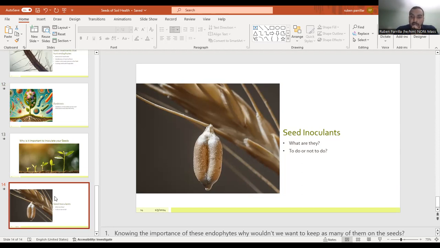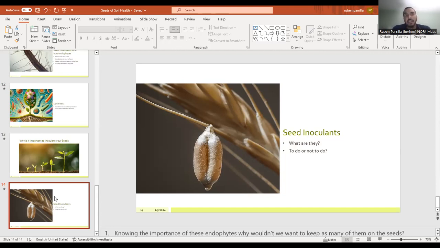There's a lot of confusion behind what seed inoculants are. There's a lot of talk right now amongst many researchers on whether we inoculate with microbes, or with these things called inducers.